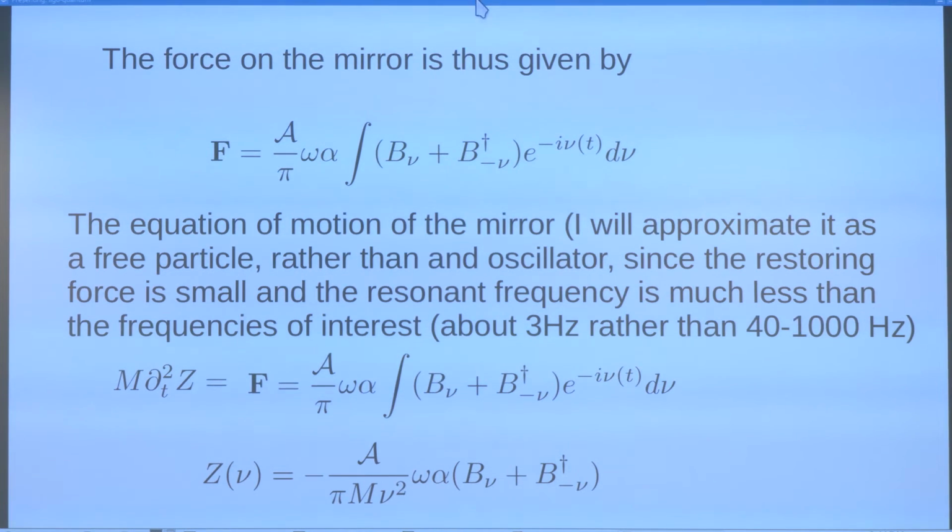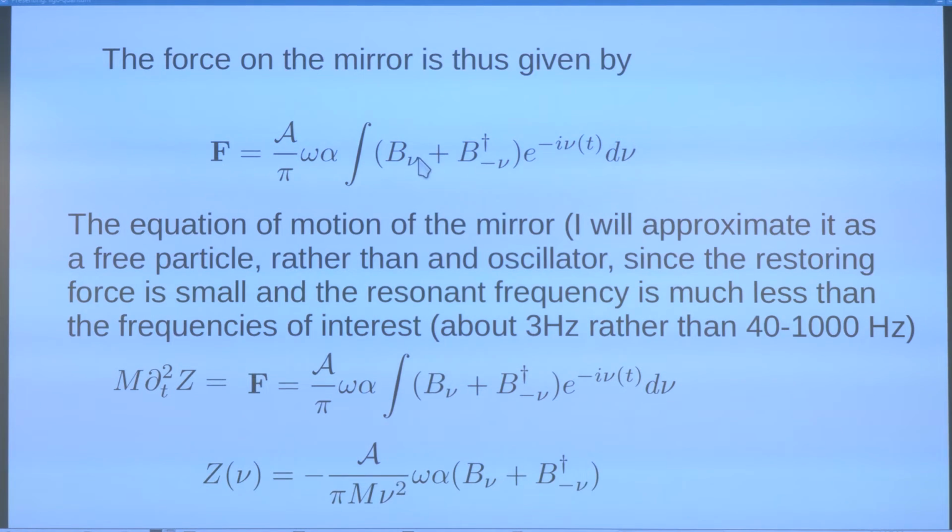This is all the stuff that has that same frequency of e to the I nu t. Because it's quadratic, the e to the I omega t's cancel out between the positive and negative frequency terms, so they drop out. And the only forces down around kilohertz frequency come from these B's.